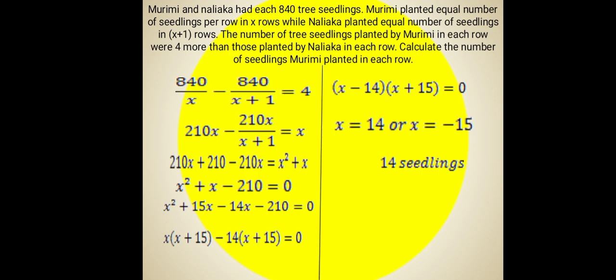Sorry for that mix-up. The first one is for Murimi, 840 divided by x, and the next one is for Naliaka, 840 divided by x plus 1. We get that the difference is 4. Now solving for x, we get that x is 14 seedlings. So Murimi planted 14 seedlings per row.